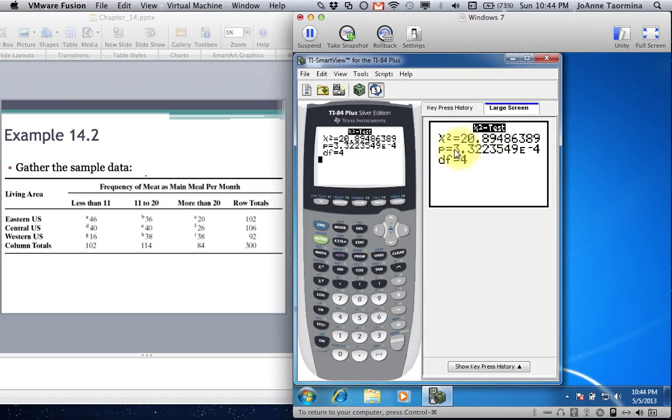That should make no sense to you because p-values are probabilities and they're supposed to be between 0 and 1. So you look a little bit further and you see that you have e-4, which is telling you that this is given to you in scientific notation. So you have to move that decimal point 4 places to the left, and you're going to write it in standard form rounded to 4 places.